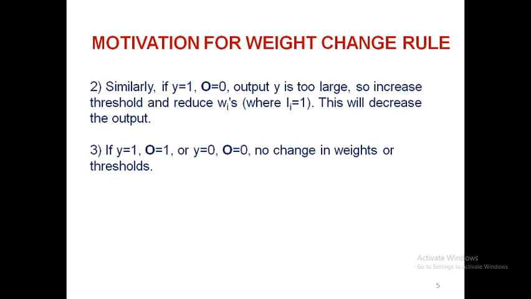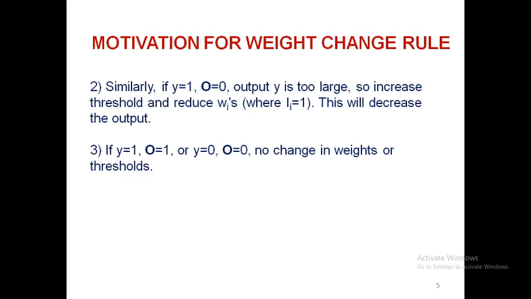Further, similarly, if obtained output o is equal to 1 but required output y is equal to 0, then the output is too large. That is, the output is nothing but the summation of wi xi, right? So the summing input is too large compared to the threshold theta.